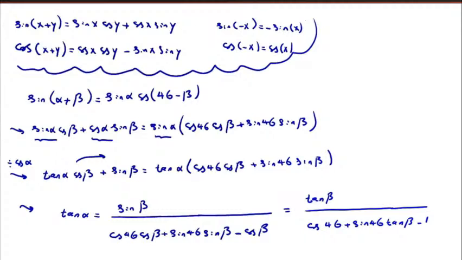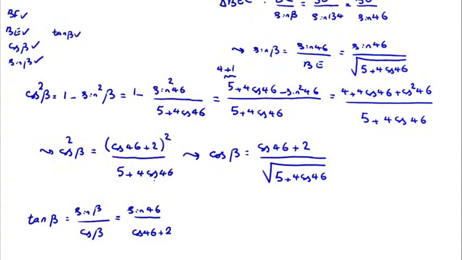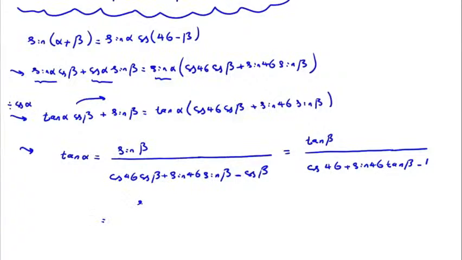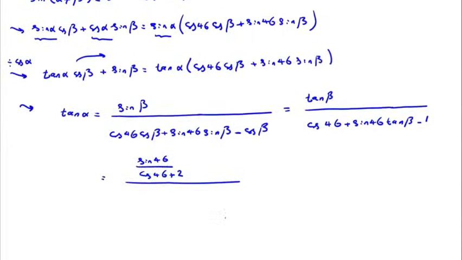And we know tangent beta is what? Tangent beta we've calculated. It is sine 46 over cos 46 plus 2. So it will be sine 46 over cos 46 plus 2, all over cos 46 minus 1 plus sine 46 times tangent beta. So it will be sine squared 46 over cos 46 plus 2. If we simplify, let's multiply both numerator and denominator by cos 46 plus 2.